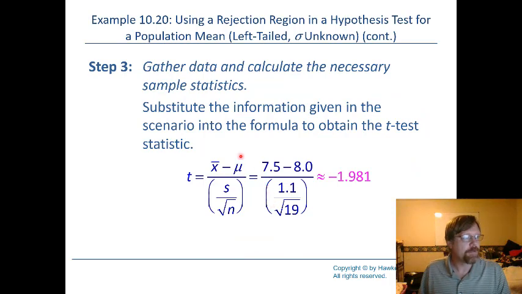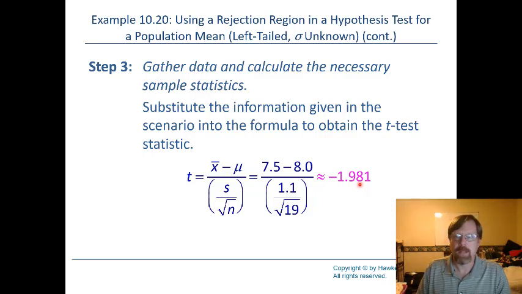So we can find our t-statistic as the sample mean minus the presumed mean divided by the sample standard deviation over the square root of the sample size. We get 7.5, we get negative 1.981.